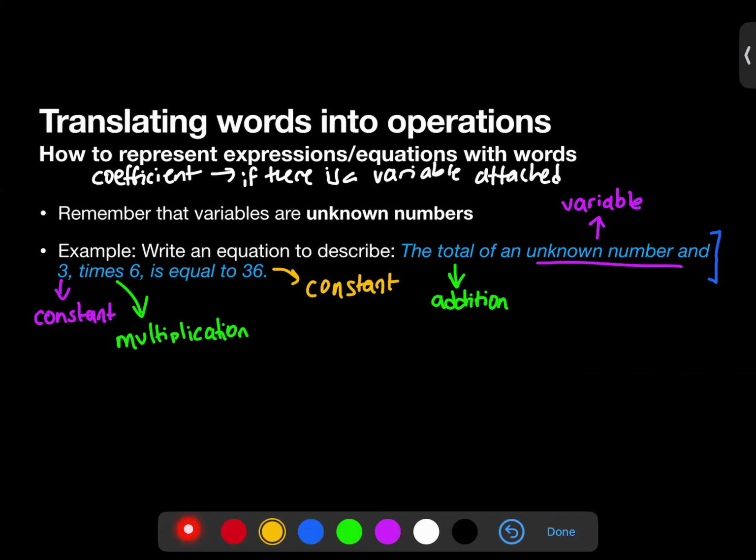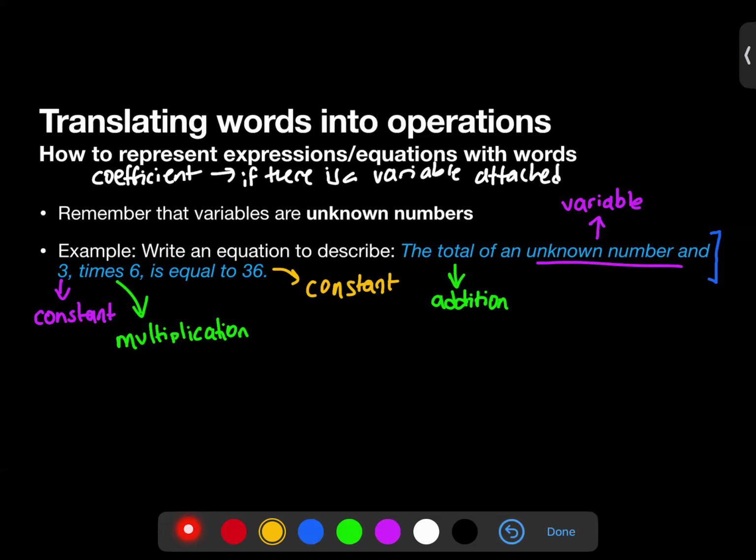So we know total, so we know we are adding two terms together. And what are the two terms? Well, the first term is the variable, the unknown number, and the second term is 3. So 3 is the second term. So we have to add these terms together.